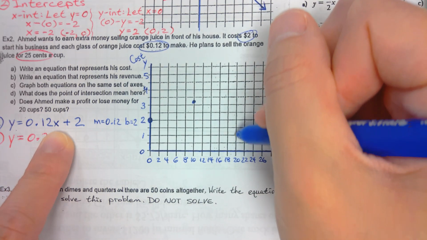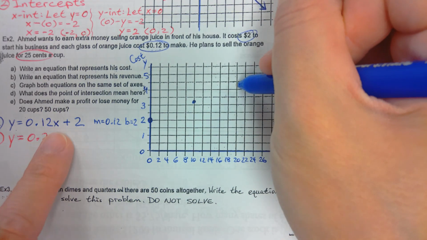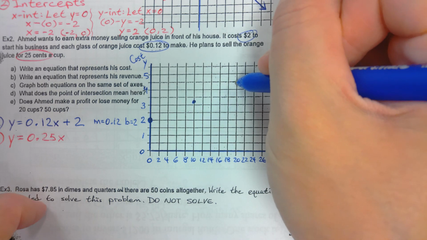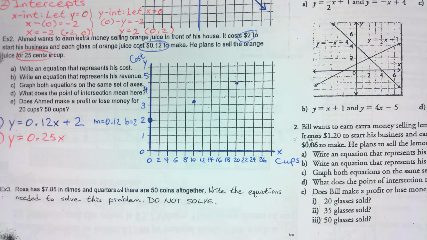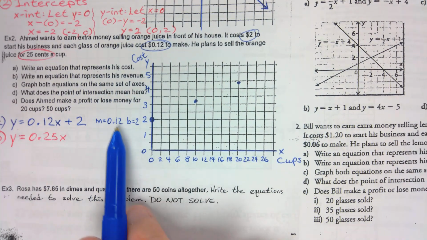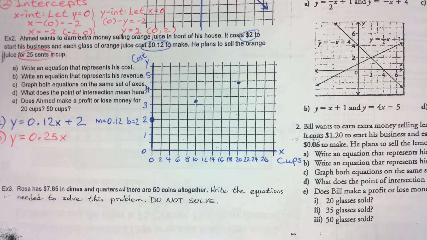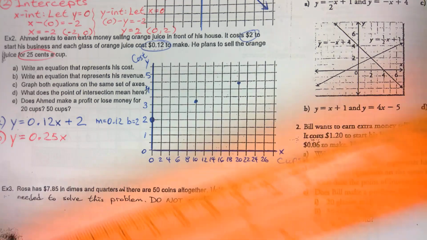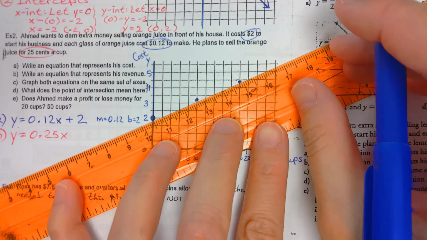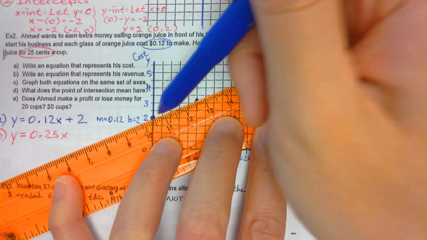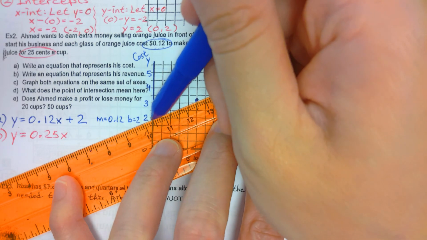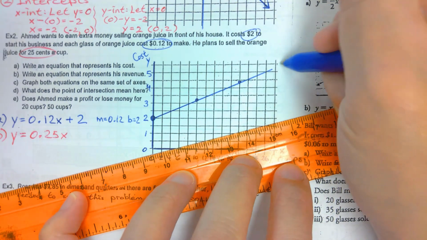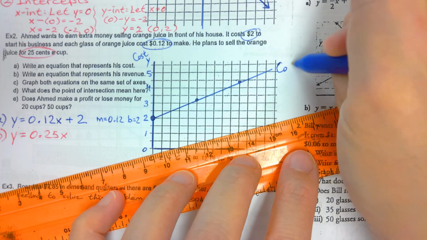So at 20 cups, it's going to cost $4.40. That's because I don't know what my rise and my run is, so instead I'm doing this table of values in my head. So this is going to be my costs.